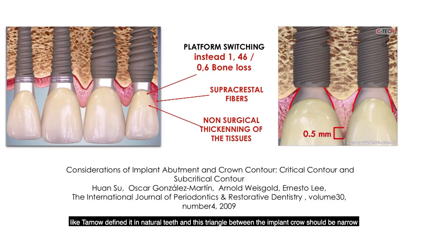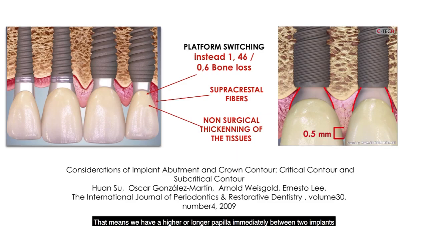And this triangle between the implant crowns should be narrow in order to facilitate the designing and the matching of that papilla, that soft tissue, into that space to the contact point.